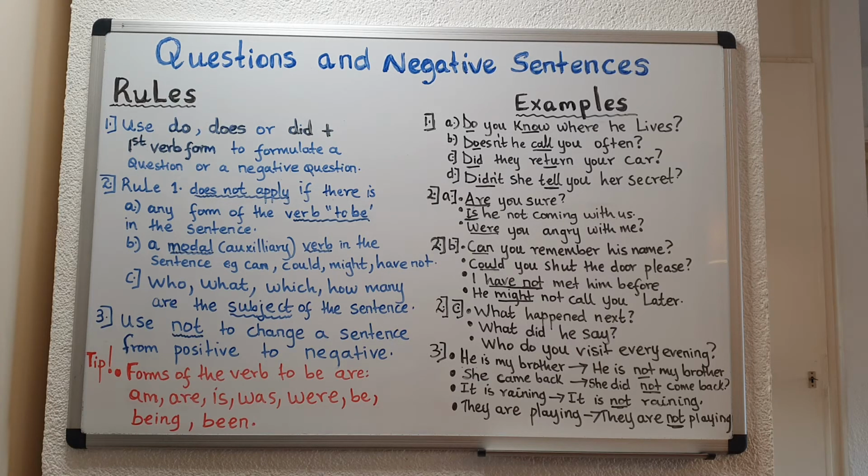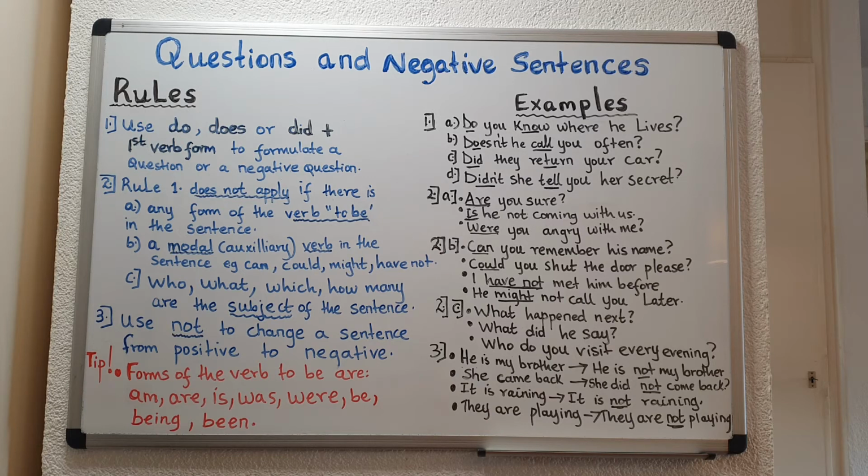Now, rule number 2. Rule number 2 is that rule number 1 above, that is rule number 1, we have just looked at rule number 1, does not apply if there is any form of the verb to be in the sentence.